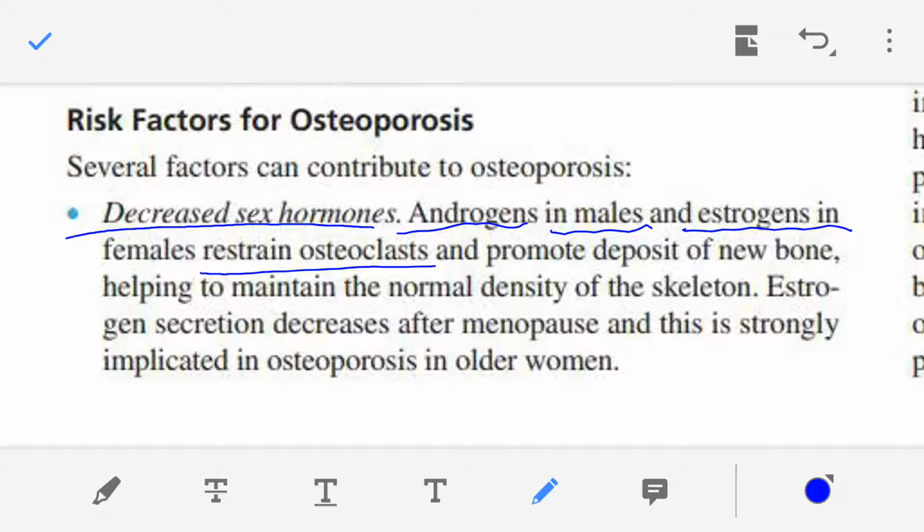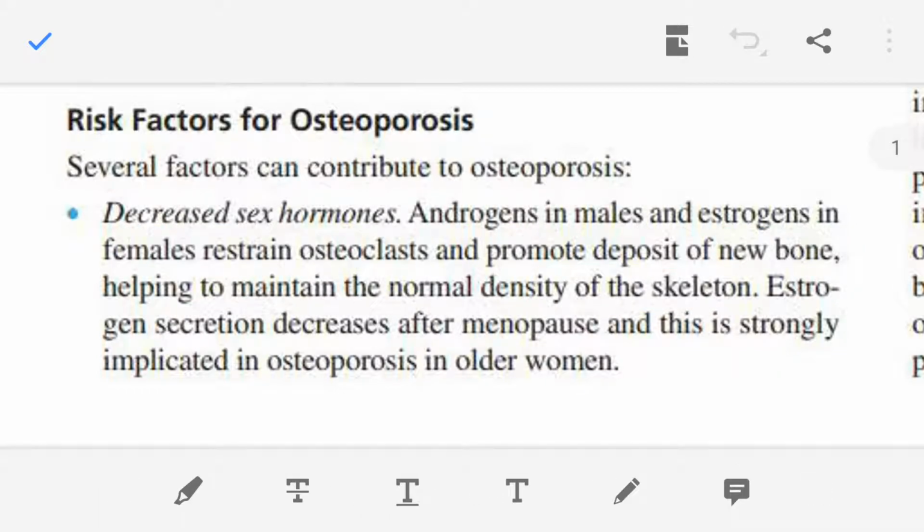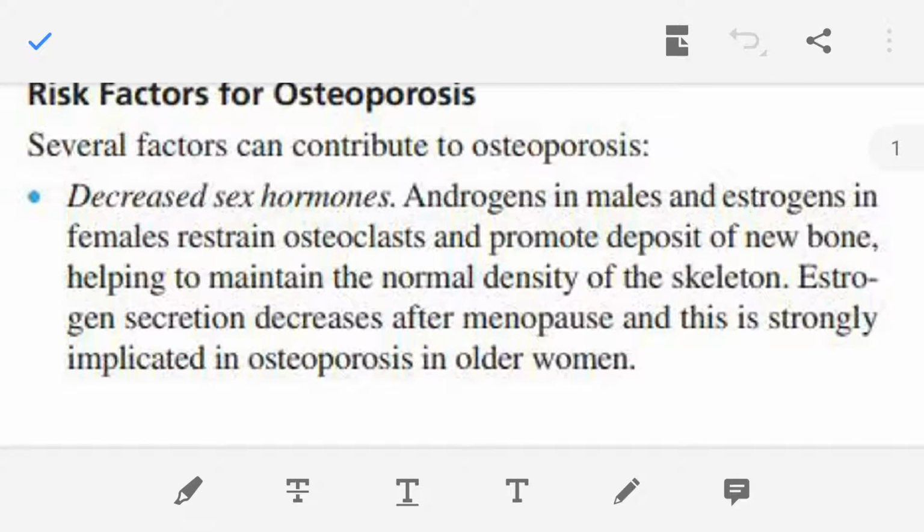And this androgen and estrogen promote the deposit of new bone. So in young age, these hormones, androgen in men and estrogen in women, help to maintain the normal bone density of the skeleton. So generally, young persons are not affected much by osteoporosis because a sufficient level of androgen and estrogen is present in the body.